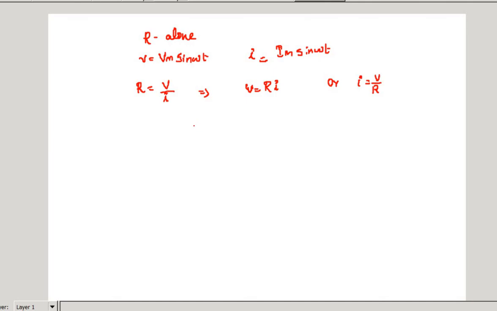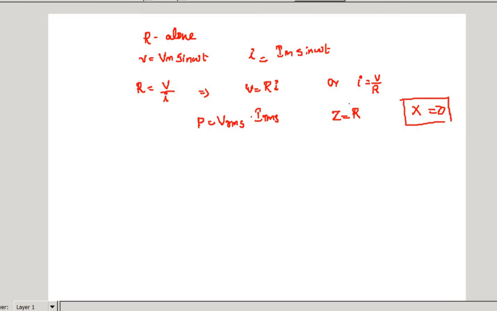And what is the expression for power? The average power P is equal to V RMS into I RMS. That is the expression for average power for a circuit having resistance alone. And what is impedance? Impedance Z is equal to only resistance, because reactance will be 0 for a purely resistive circuit.